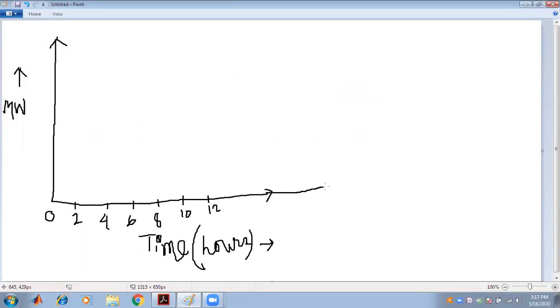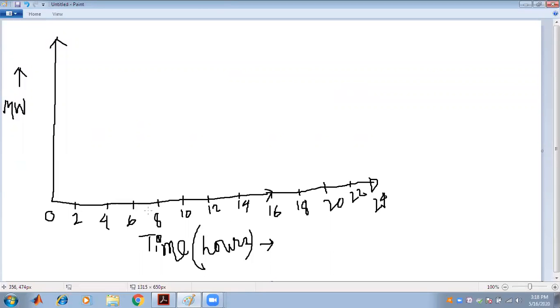I just extend it. 10, 12, 14, 16, 18, 20, 22, and say this one is 24.